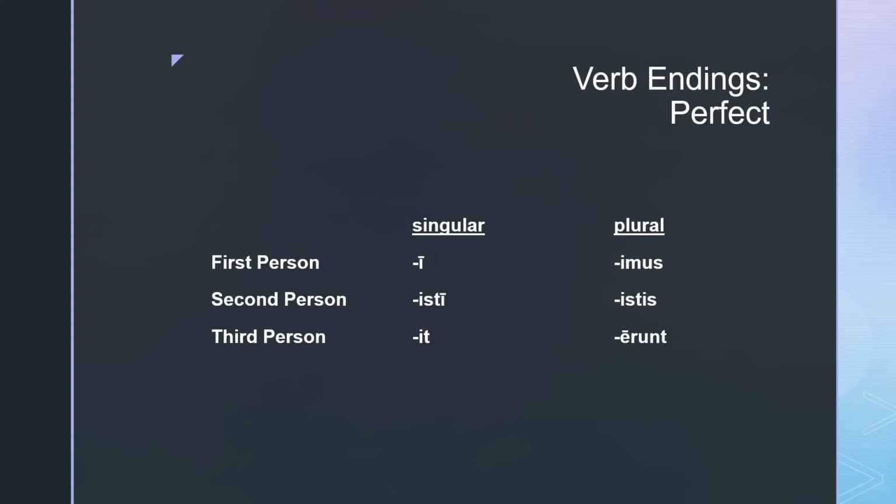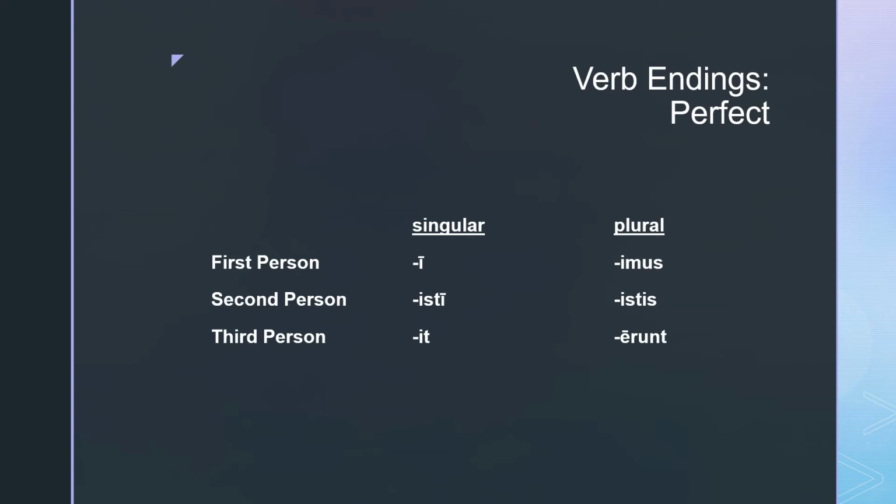Now, the perfect tense endings, you might look at it and say, well, I thought you said that they repeat. Well, they do, there is a repetition, but it's not as obvious. You can see the T on the third person singular, it.